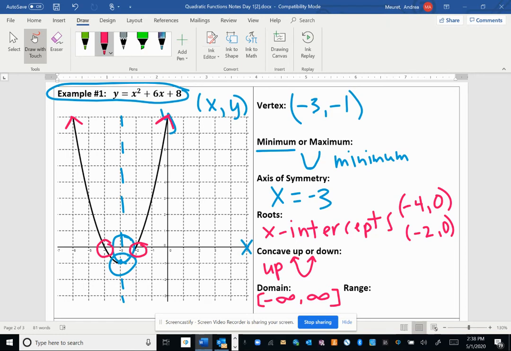But the range for this parabola, the lowest point is when y is -1, and then it goes up from there. So the lowest point for y is -1, and then it goes to infinity. And that is example 1.